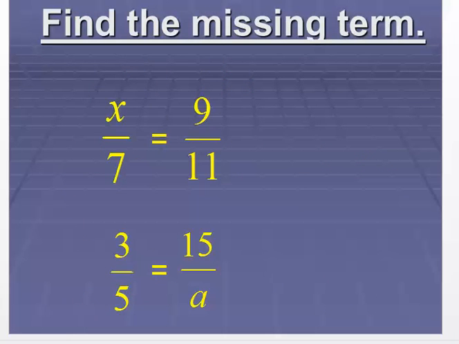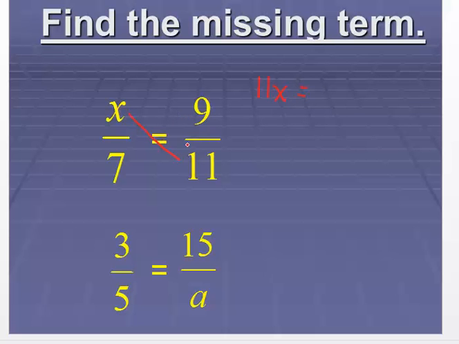The next set of examples says find the missing term. We're going to solve these for the variable. When you cross multiply, you can multiply your extremes or your means first. So we're going to cross one direction. So x times 11 is 11x. When you cross one direction, then we write down our equal sign and you cross the other direction.